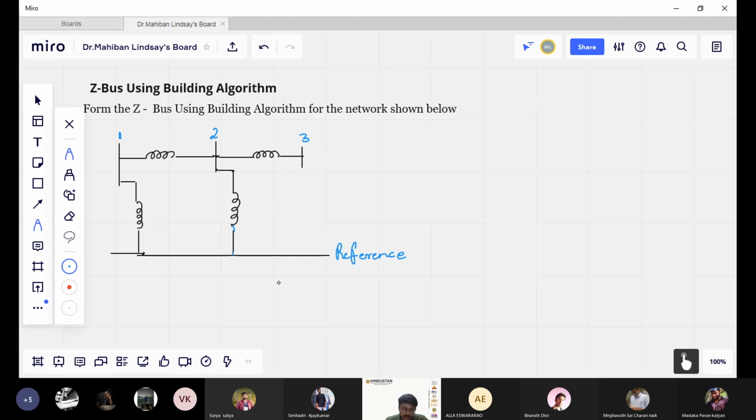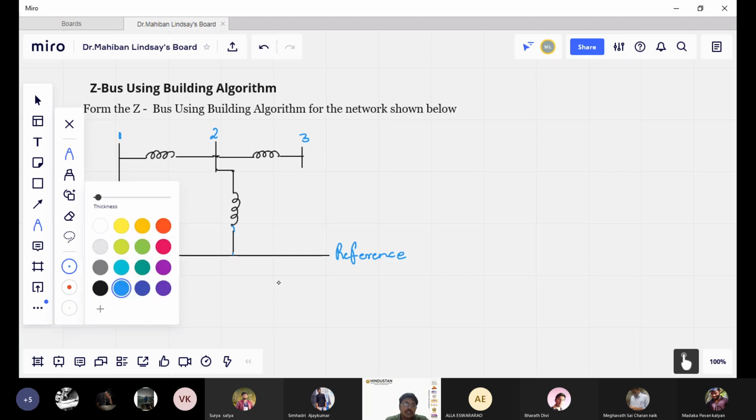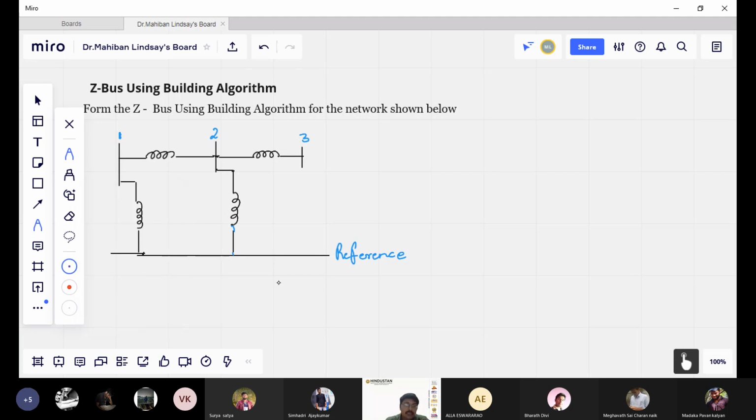Right? Now I am going to substitute the given impedance values, and for those impedances we are going to form the bus impedance matrix. Let us see the impedance values.